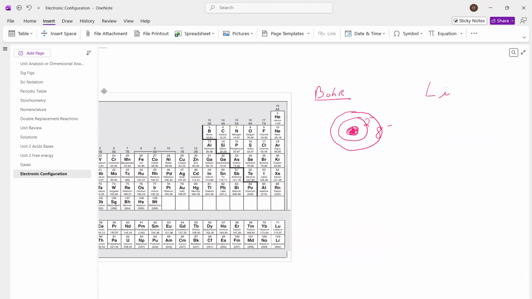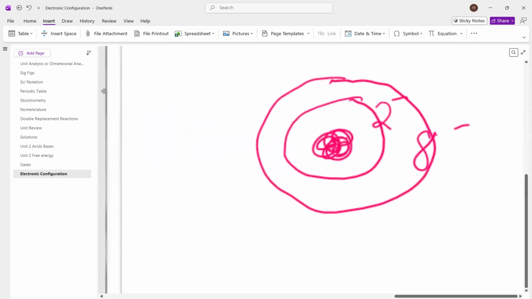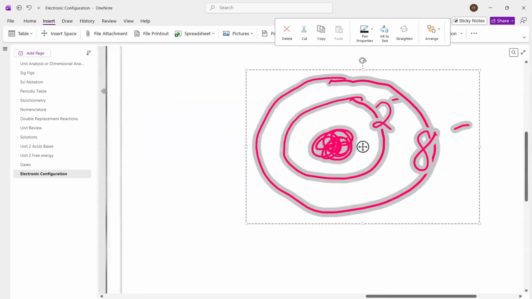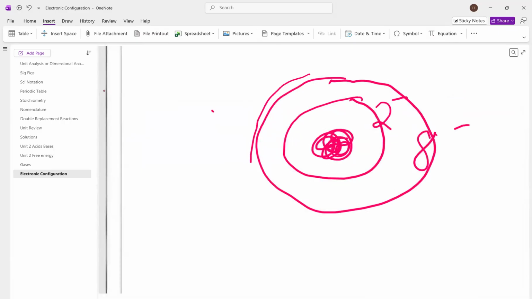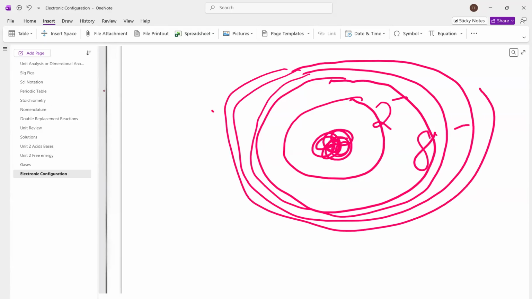So we subdivided that one into 4 suborbitals. Each suborbital has 2 electrons in it. That's how we end up with 8. 8 divided by 4 is 2, okay?